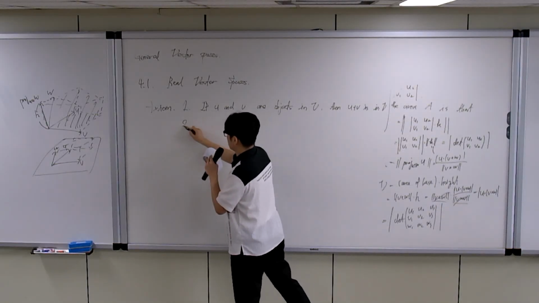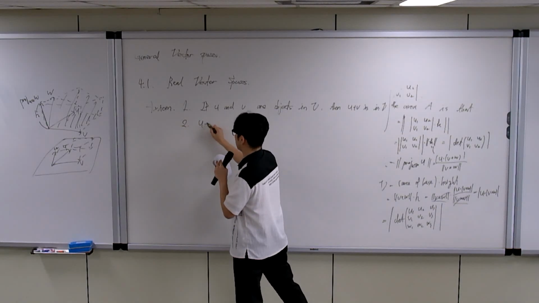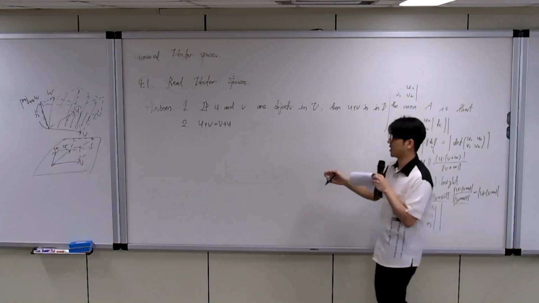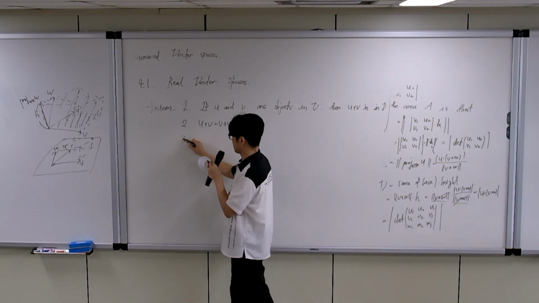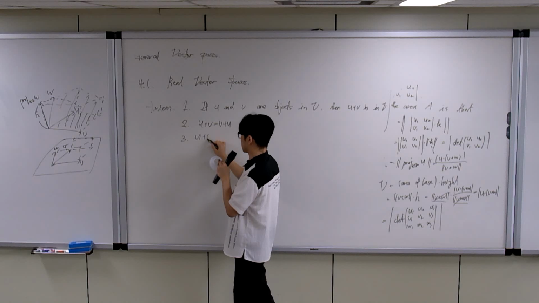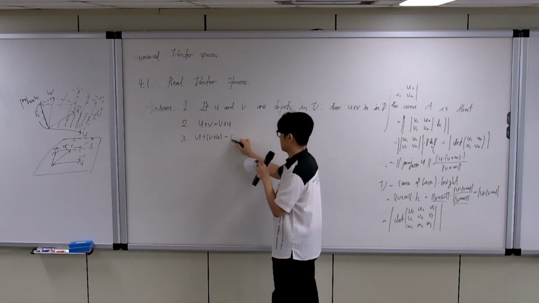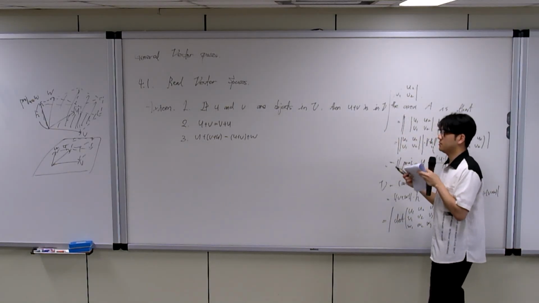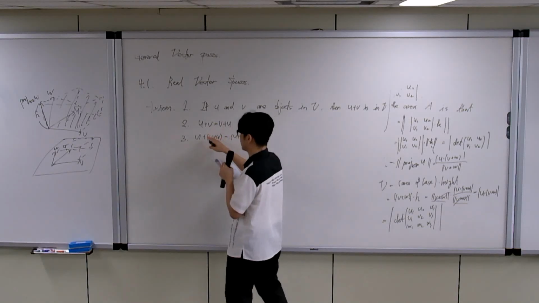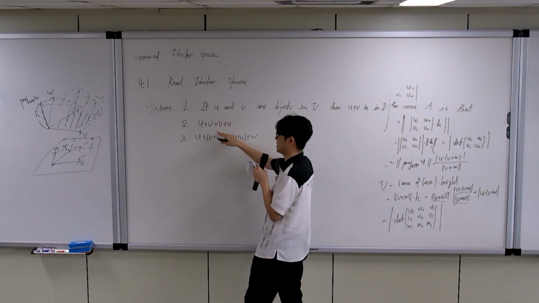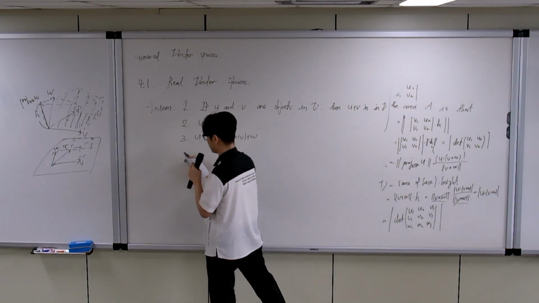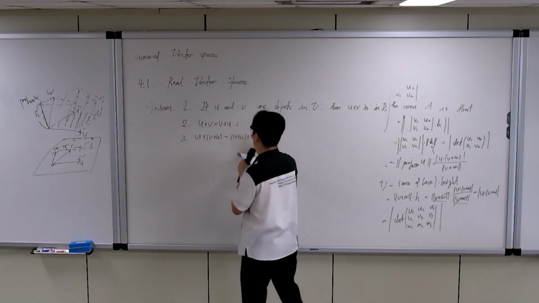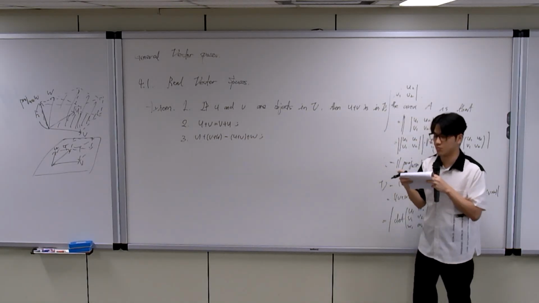As axioms, it has commutativity by the operation plus, and it has associativity. This is for the additive operation, because it does not need to be the standard addition we know.